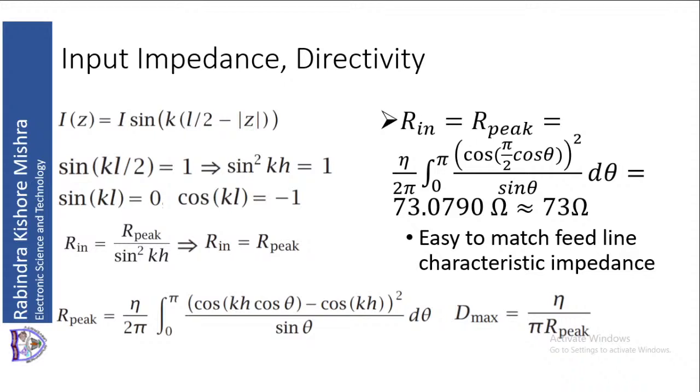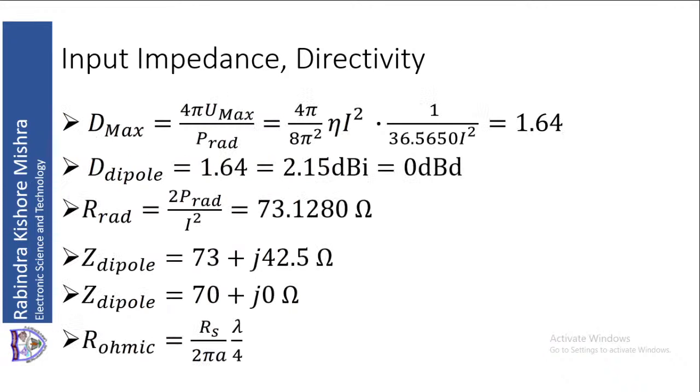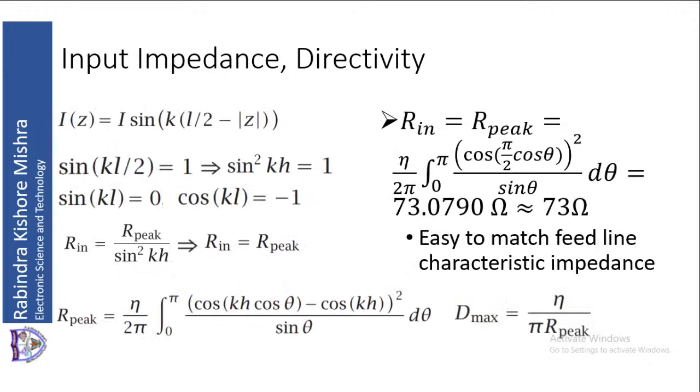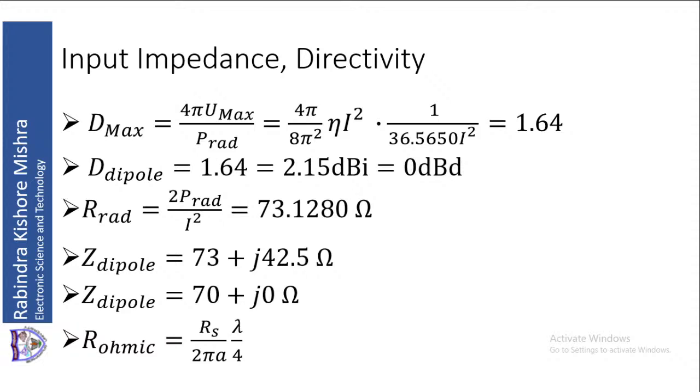Now D max is equal to eta by pi R peak. R peak we know, so you can find out what is D max. D max is equal to 4 pi U max by P rad. That you can put 4 pi by 8 pi square eta I square into 1 by 36.5650 I square.